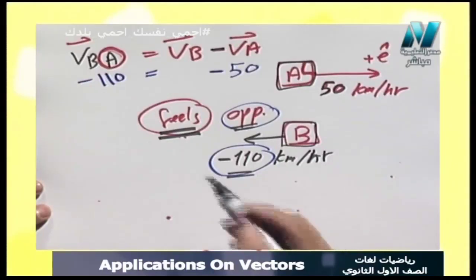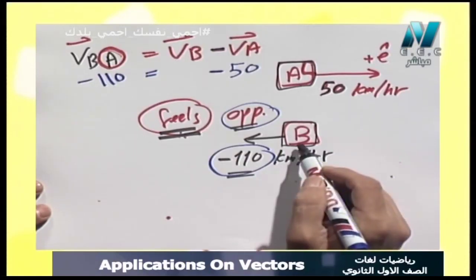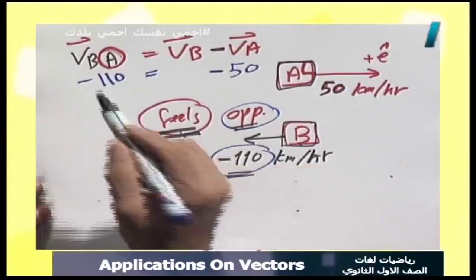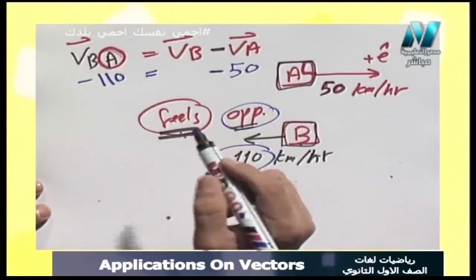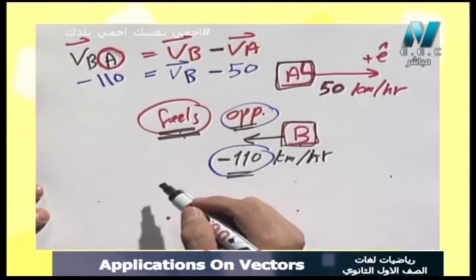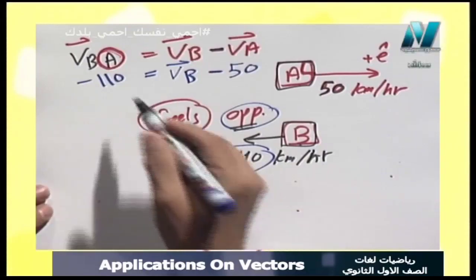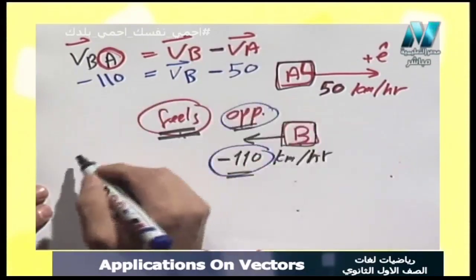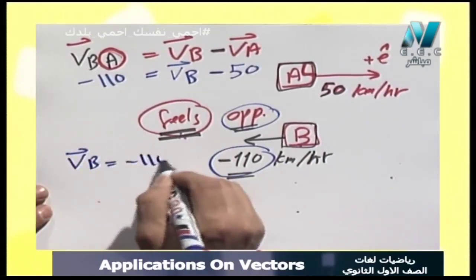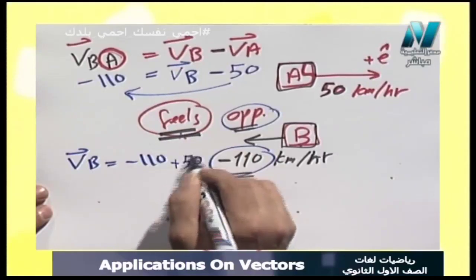We know that if he feels that, it is not the actual velocity of B, it is the relative velocity of B related to A. And we have here VB is unknown. By solving this, VB equals negative 110, and transferring negative 50 to the other side, B plus 50.